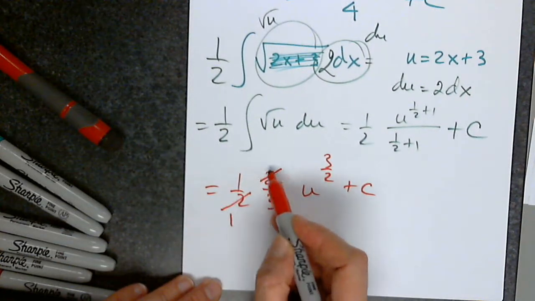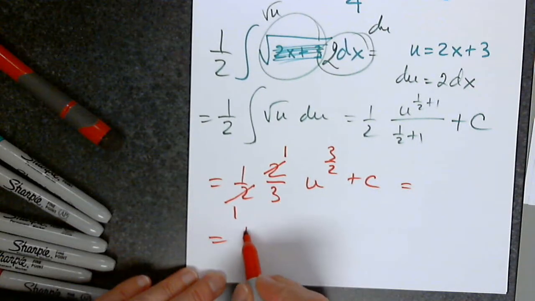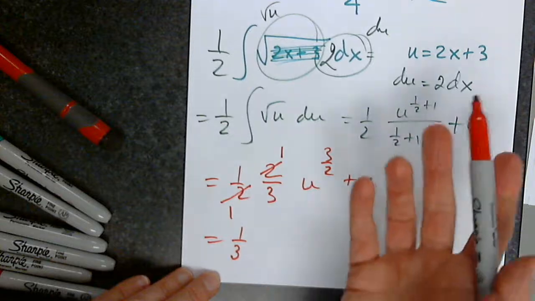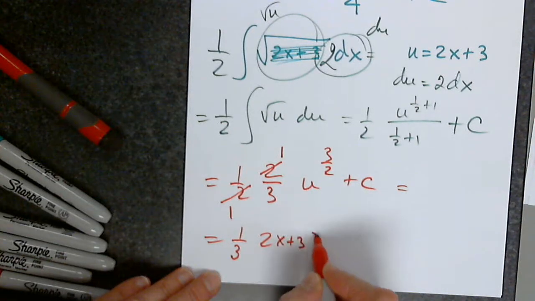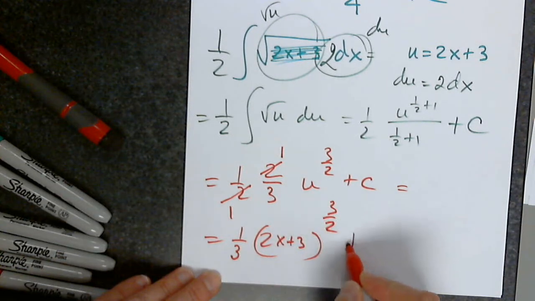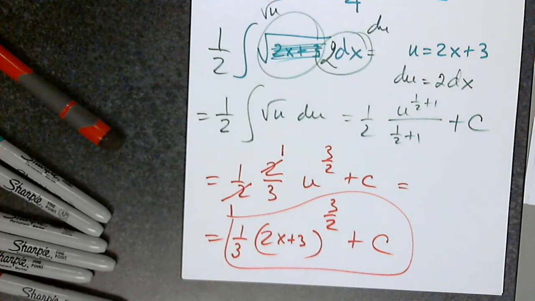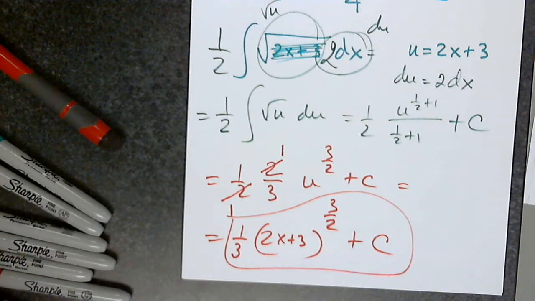And yes, I simplify, and I have 1/3 u to 3/2, but u is 2x plus 3, raised to 3/2 plus a constant c. Any questions?